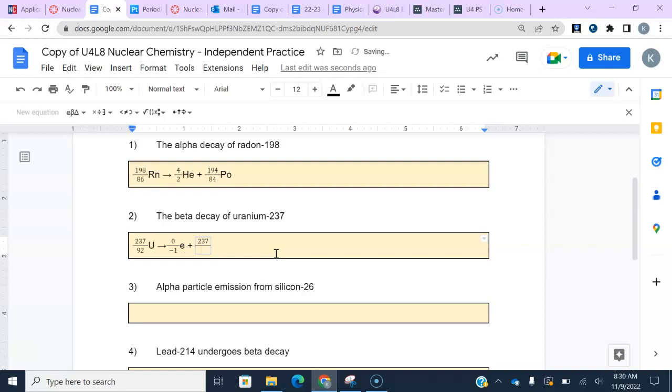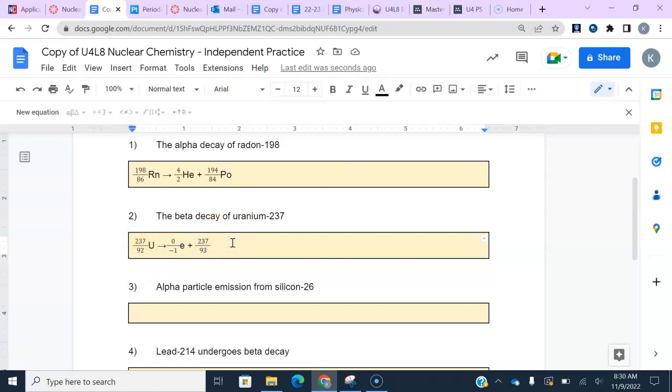We need to make sure we're paying attention and doing this correctly, because you'll get it wrong if you subtract. Alpha decay, you're subtracting. Beta decay, you're adding to the atomic number only. So instead of 92, now we're going to have 93.